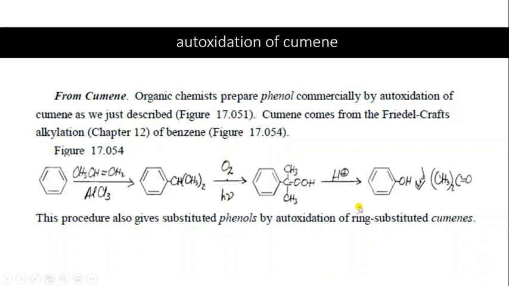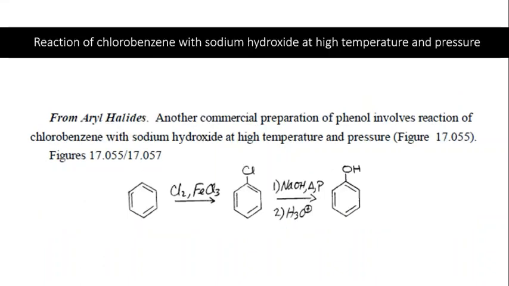Similarly, you can also change the benzene ring into phenol by using chlorination first in presence of a Lewis acid, and then the chlorobenzene will be allowed to react with NaOH and water.